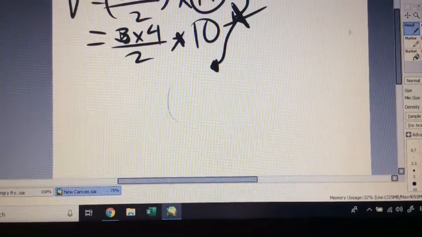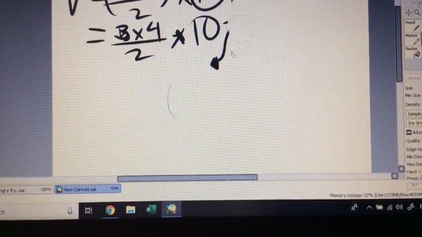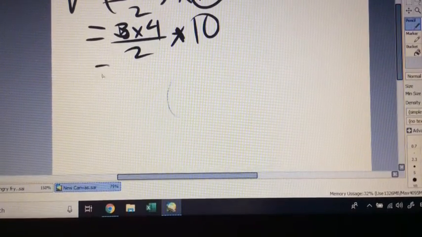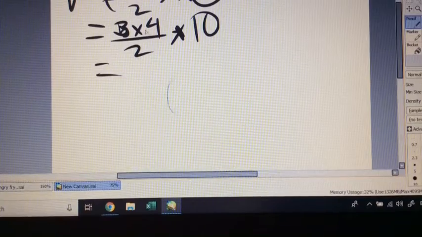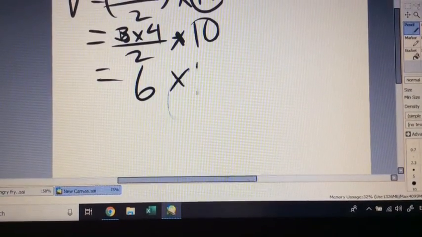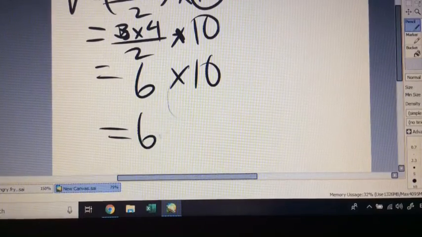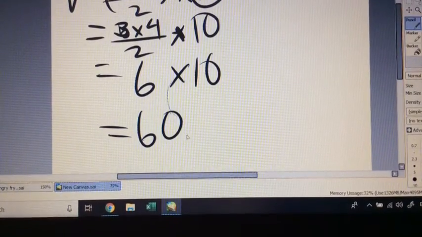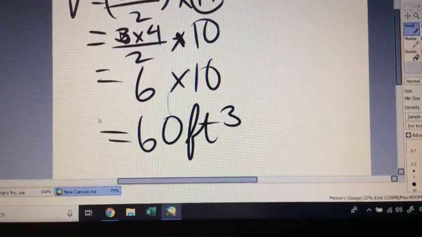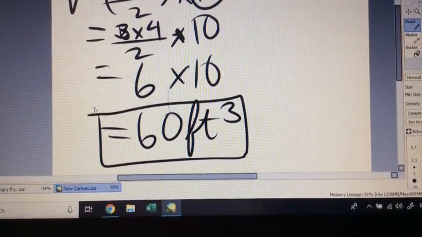Let us continue. So, when you do 3 times 4 divided by 2, that is 6, times 10 is 60. And you have your volume for your triangular prism.